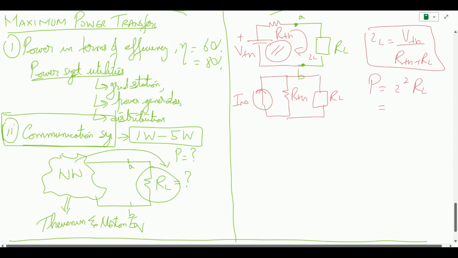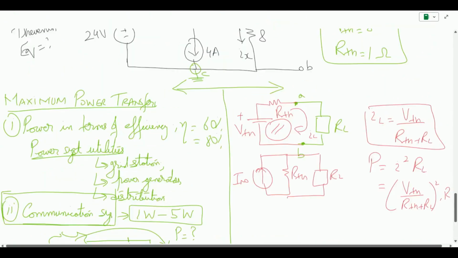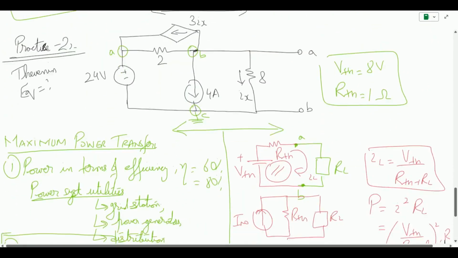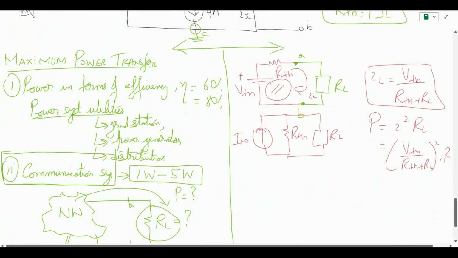So P is equal to I squared R_L. Inputting the value, P equals V Thevenin divided by R Thevenin plus R_L, whole squared, multiplied by R_L. So I will get the power equation. Without going into the mathematics, let us see what the equation for this is. We take this equation and apply the derivative with respect to the resistance.